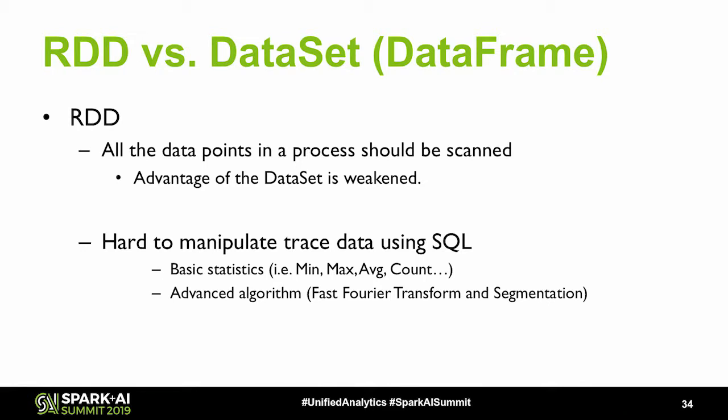But in our trace data case, we need to scan all the data points, not partial data points. So the advantage of the dataset is weakened because we need to load all the data points to get the statistical summary. So we use RDD instead of a dataset.